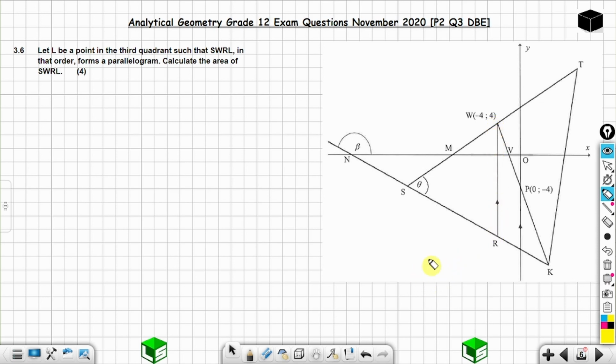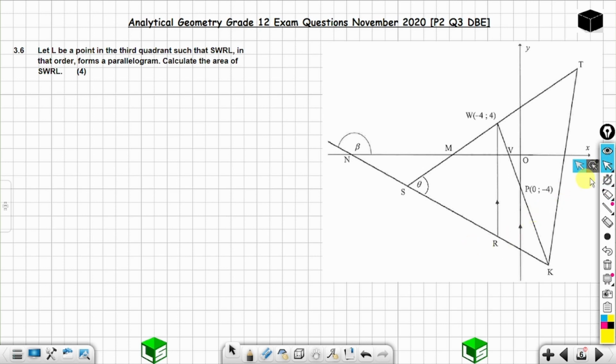So L will be in the third quadrant, in such a way that you have a parallelogram. So let me try to draw another side. Remember, the opposite sides are equal in length and they are parallel to each other, okay.